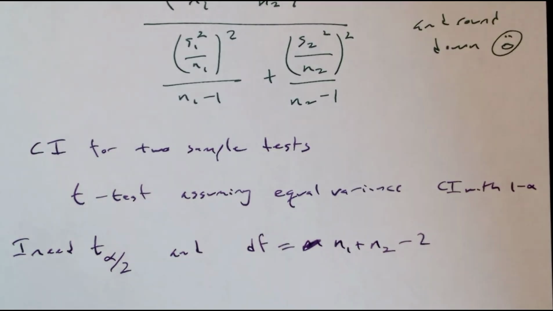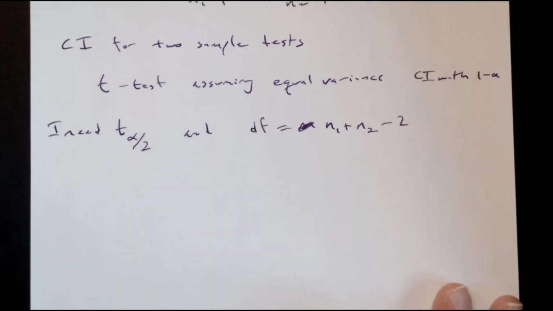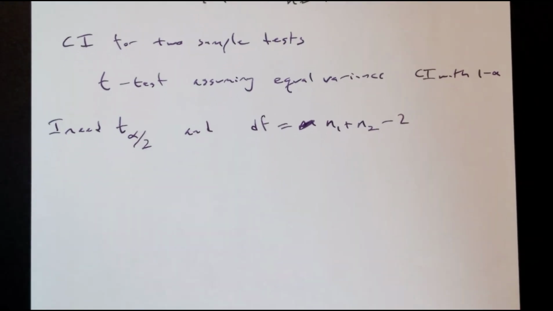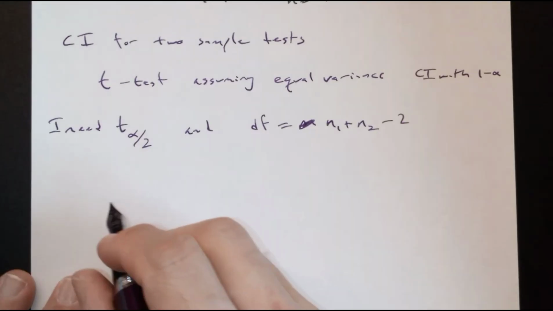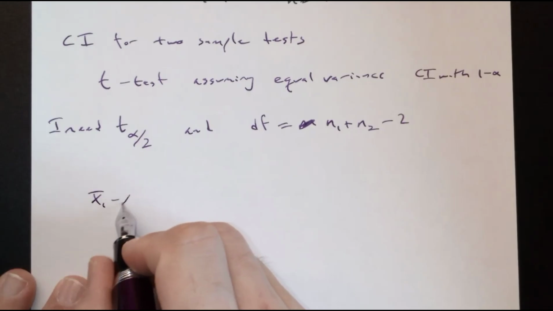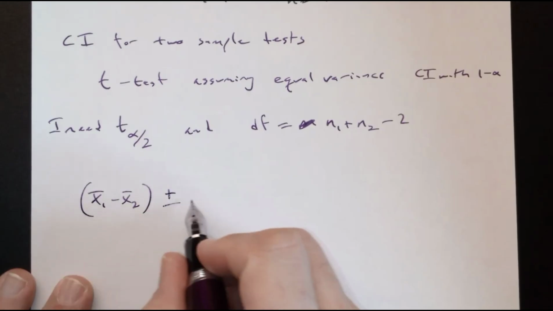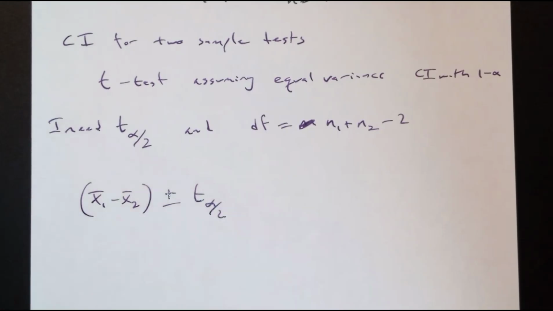So that's how I get the t-value I'm going to use. I go to the right t table of critical values, and I pick the number for the degrees of freedom. Everything that comes after this point is based on my standard error. But the standard error for a t-test is ugly.